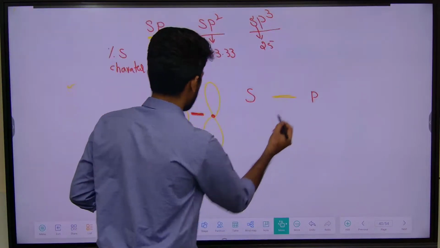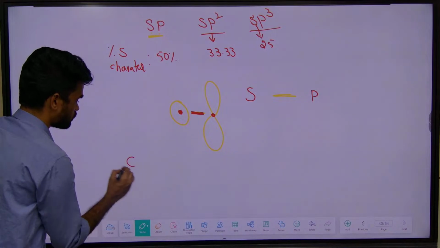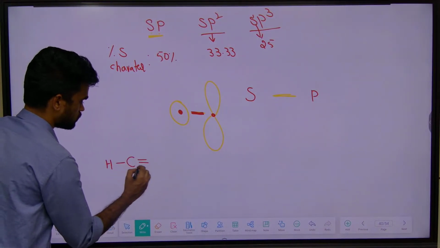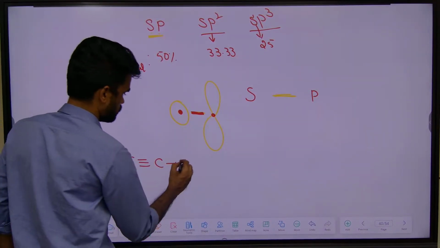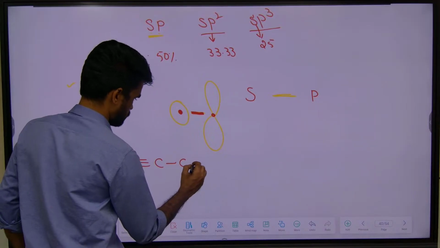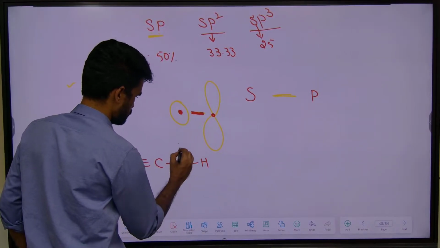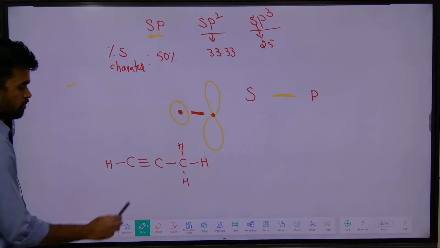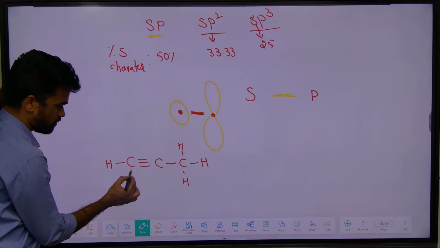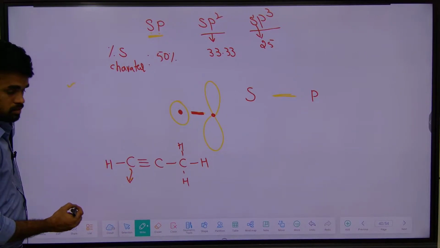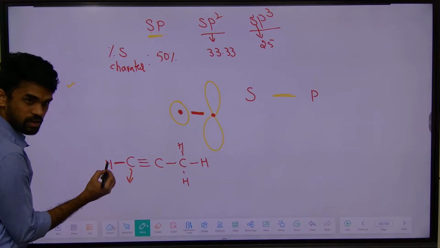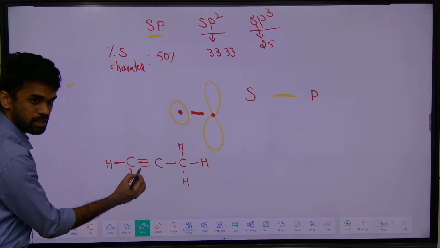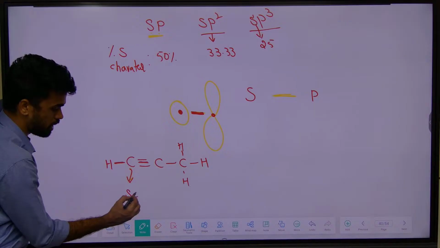Otherwise, you can also go with this example. What is the hybridization of this carbon? One sigma bond and a second sigma bond, the remaining are pi bonds, so it becomes sp hybridization.